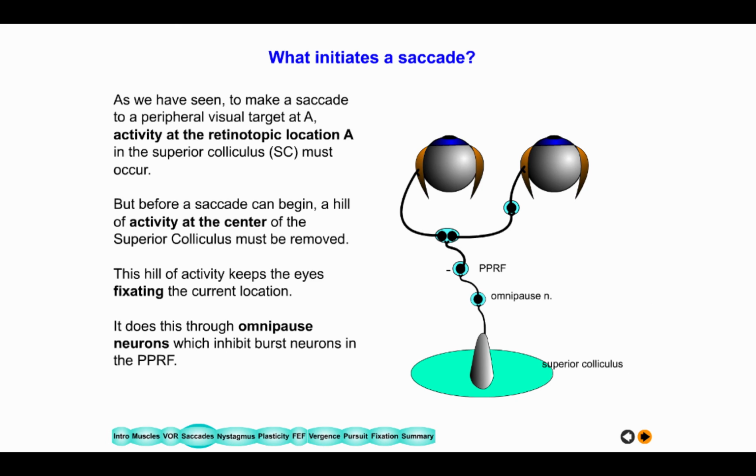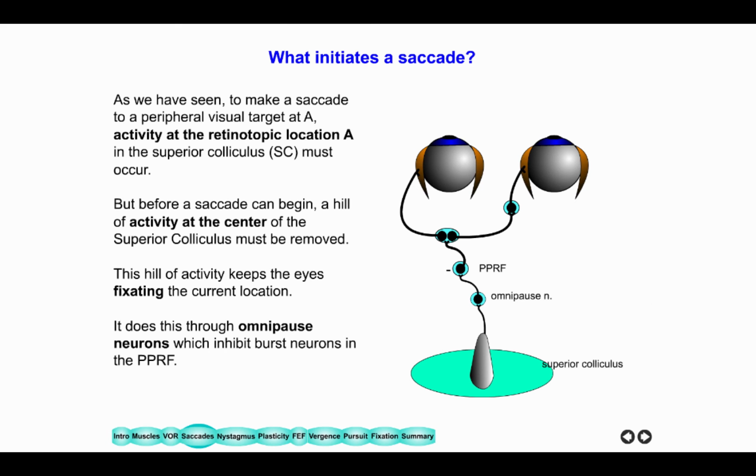Now, the question is, what initiates saccades? We saw before that during fixation, there was something that was keeping your eye from moving. We saw that in the foveal part of the superior colliculus and the foveal part of the frontal eye fields, there was a tonic activity coming out during fixation.